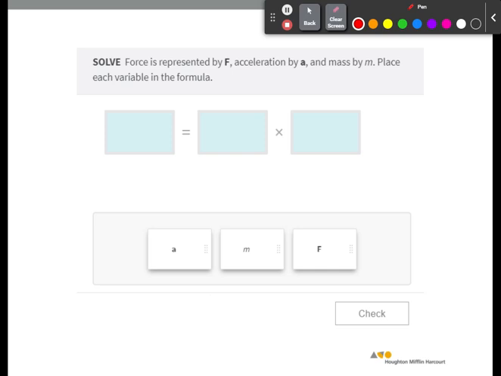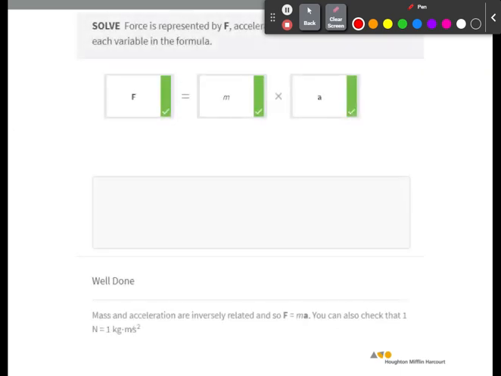Here's a summary of what we learned. As the mass increases, the acceleration decreases. As force increases, acceleration increases. So this can be summarized in Newton's second law, which states force equals mass times acceleration.